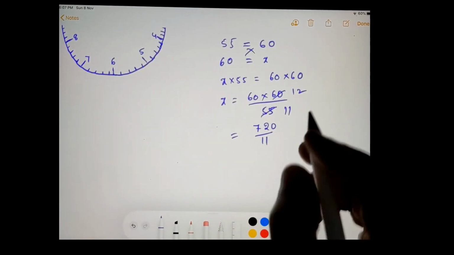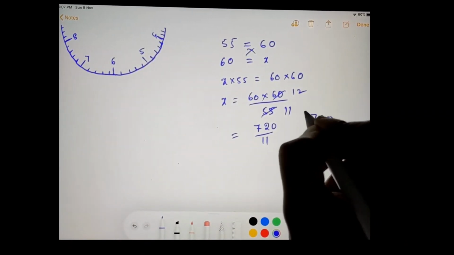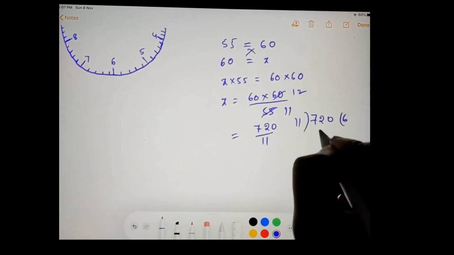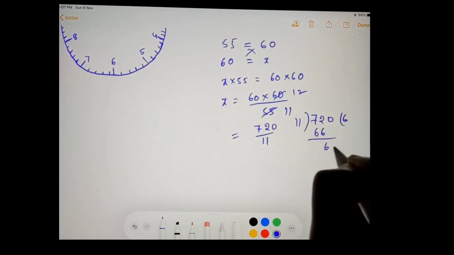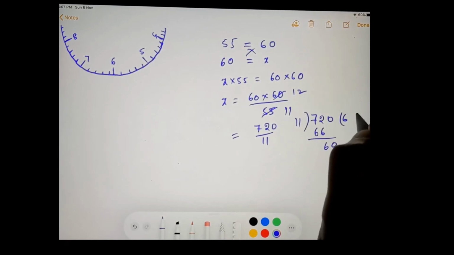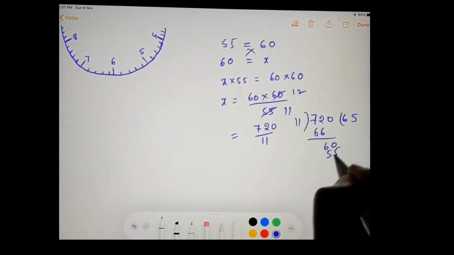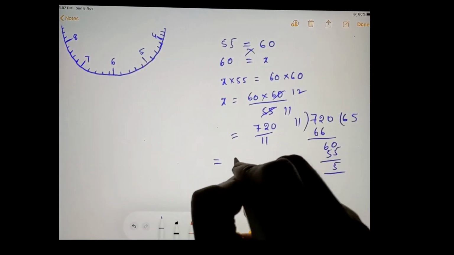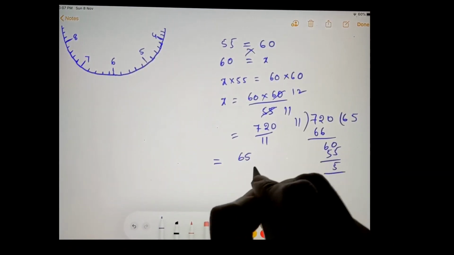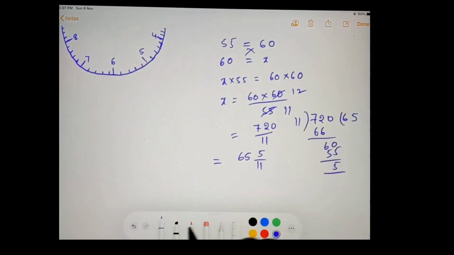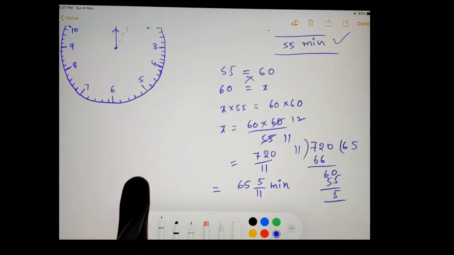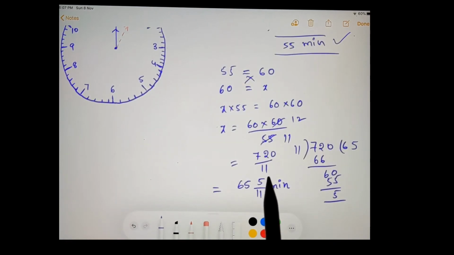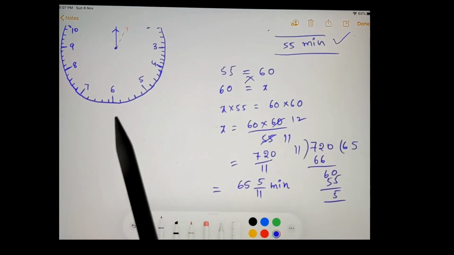How can we write 720 by 11? 11 6s are 66, and 6 is the remainder, and 11 5s are 55, and 5 is the remainder. We can write 720 by 11 as 65 and 5 by 11 minutes. It means in a right clock, exactly at 65 and 5 by 11 minutes the long hand and short hand will coincide.